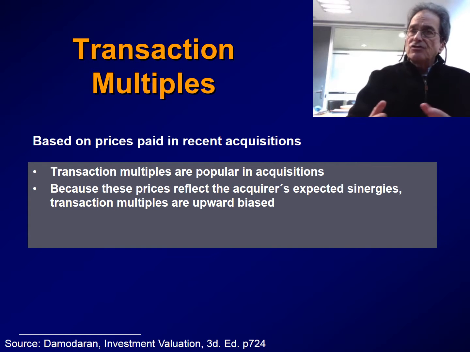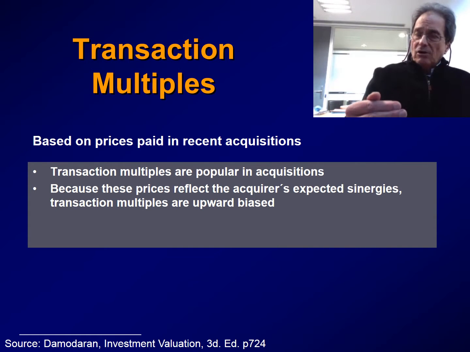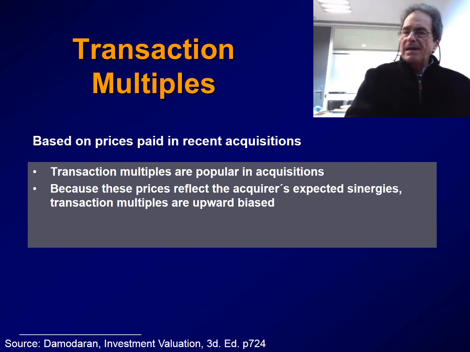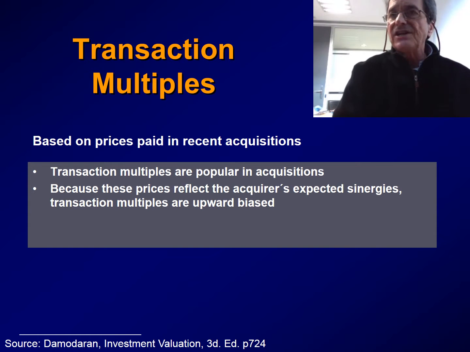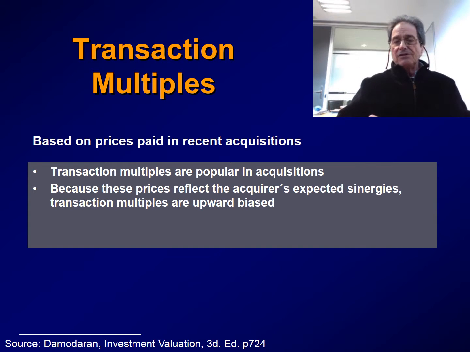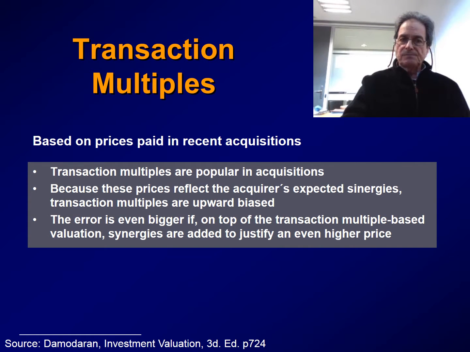And in the negotiation process, the acquirer is usually willing to pay a price above the market price. So the price that is reflected in the transaction multiple reflects this slightly higher price which is paid by the buyer. And this higher price includes part of the synergies of the acquirer. So this price implied by the transaction multiple tends to be upward biased.